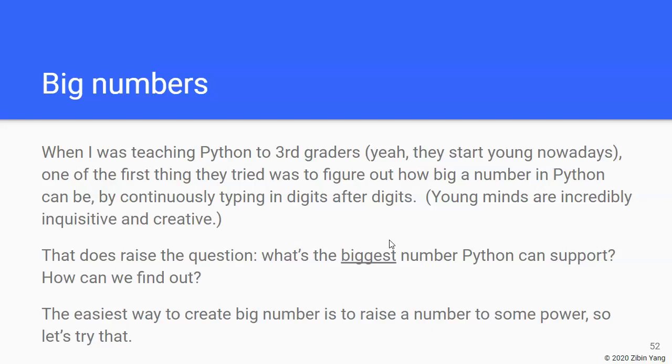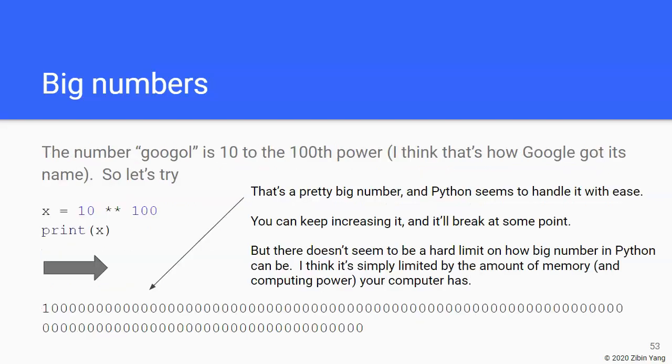That will give us a very big number very easily. The number I'm going to demo here is the number googol, spelled G-O-O-G-O-L, and I think the name Google is a play on that word. It's a really big number. That number is 10 to the 100th power.